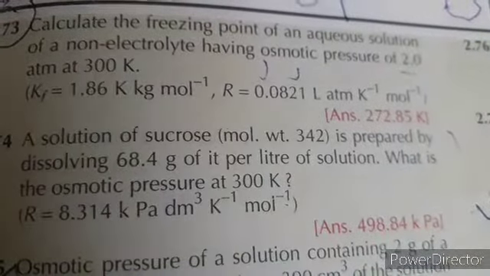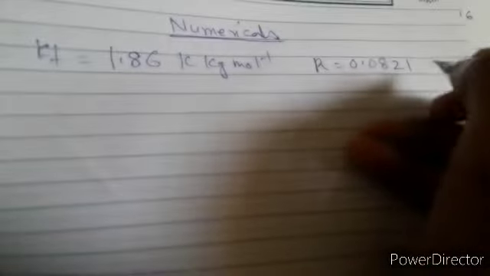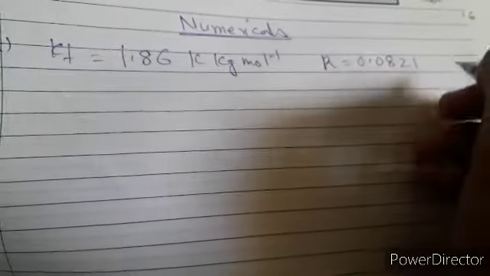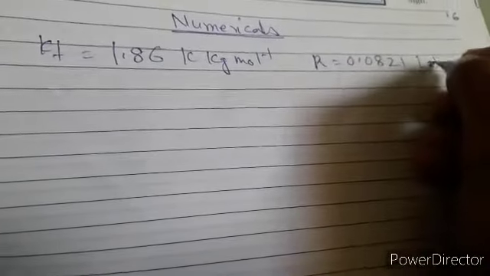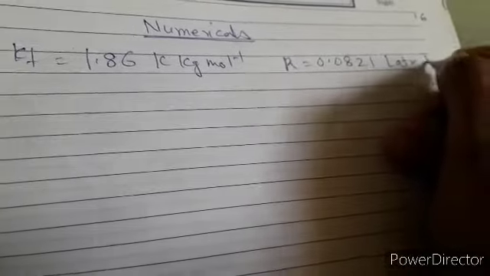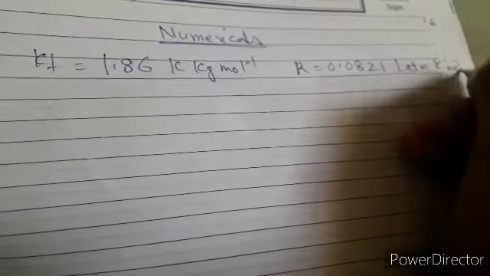What things are given to us and what we have to calculate. The value of Kf they have given us is 1.86 kg mole minus 1. Then they have also given you the value of R, that is 0.0821. Please see this value because every time it is changing, so you have to remember what value they have given you, and use that value in your numerical.